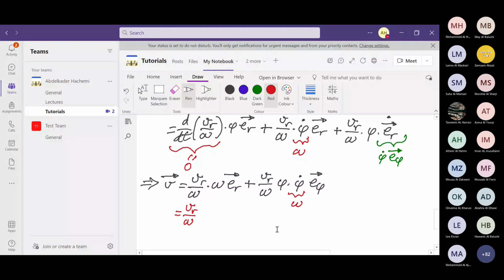We can see that we write it simply. Then we have here equal this term here, omega goes with omega, and we have this term phi dot goes with omega.